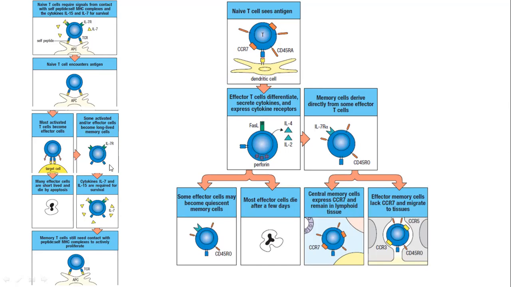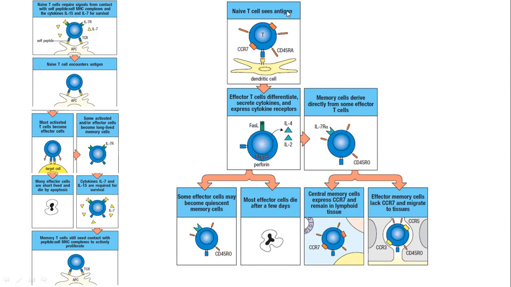However, with the memory cells, cytokines such as interleukin-7 and 15 are responsible for maintaining the survival of the memory cells within the immune system, along with the particular expression of the interleukin-7 receptor. And these memory cells, for their maintenance, need to come into contact with the MHC self molecules in order to maintain their population within the immune system.